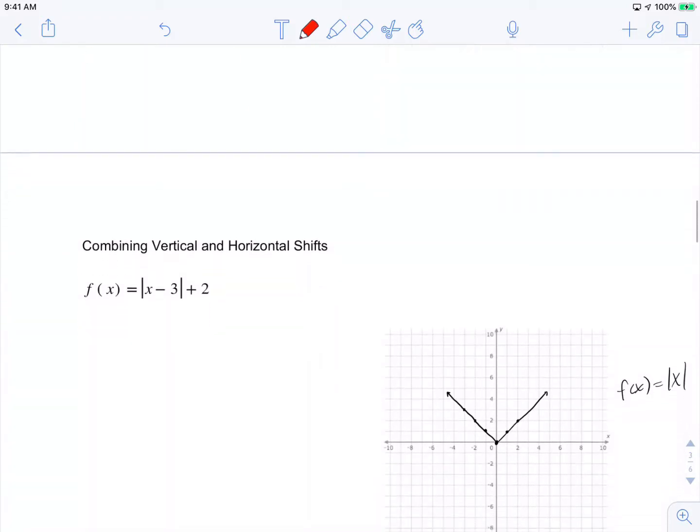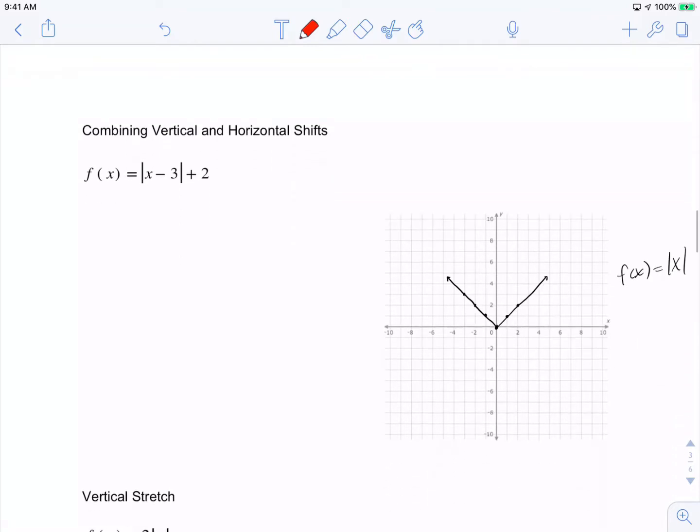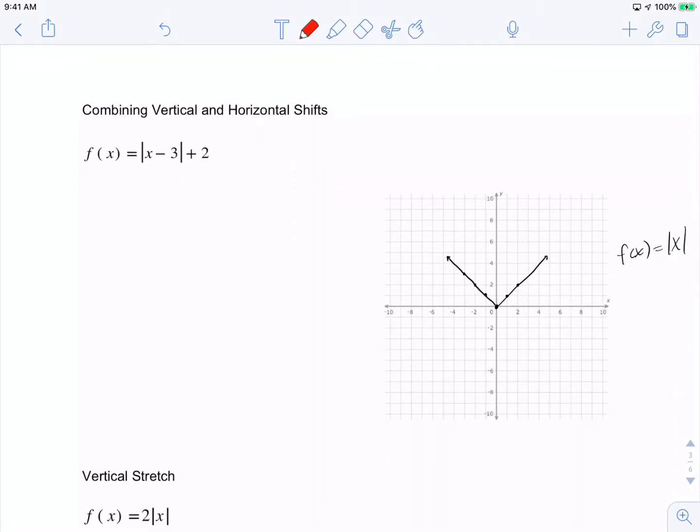Let's go ahead and look at vertical and horizontal shifts done together. So here, this with the x is going to shift us 3 to the right, and the plus 2 is going to shift us up 2.